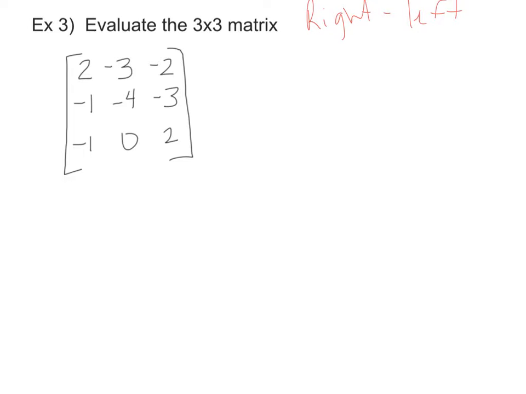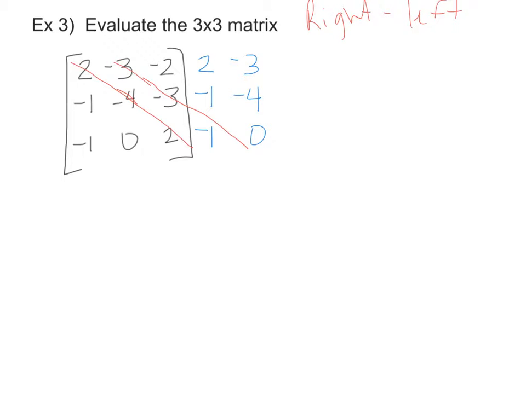Now, however, if you notice, I can have a right coming here, but whenever I try to do this right, I run out of terms. So because of that, we're going to rewrite those first two columns. So I have 2, -1, -1, -3, -4, 0.